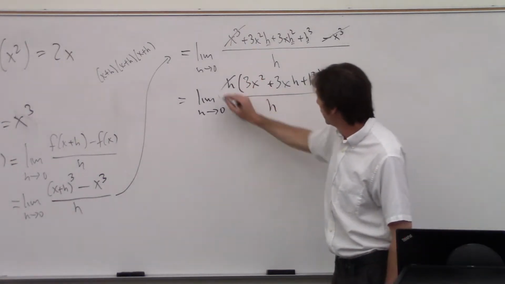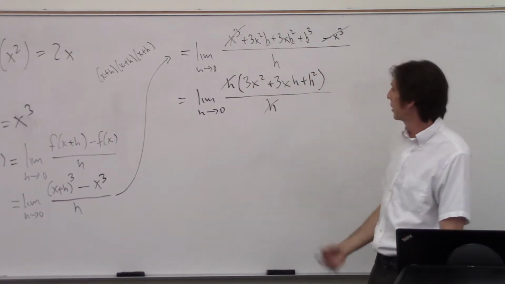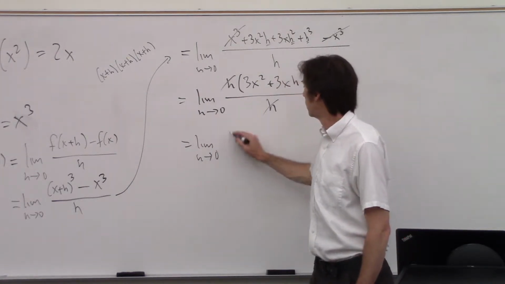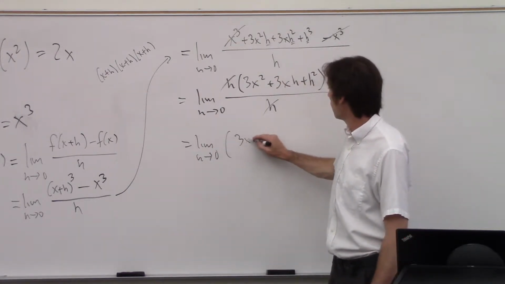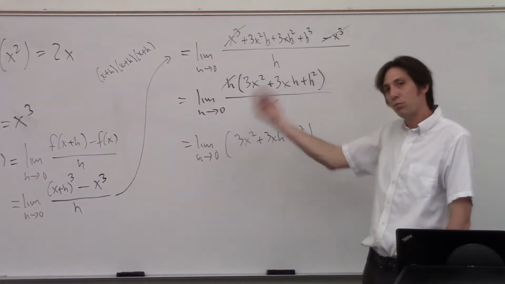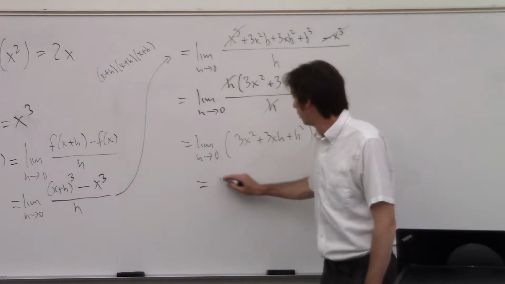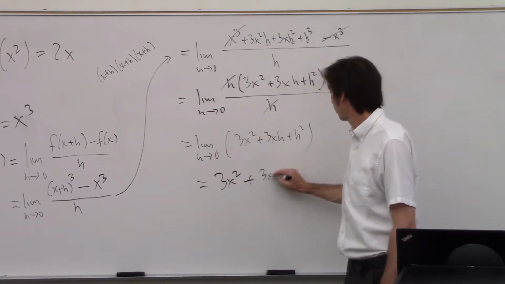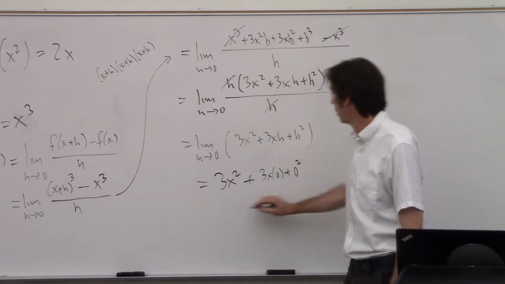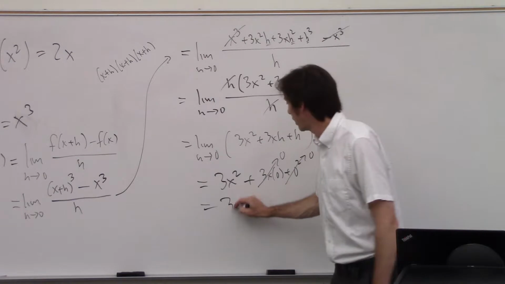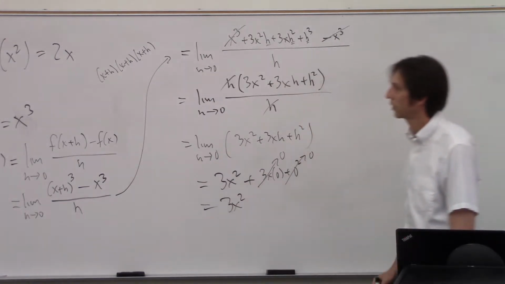Like we're used to, the h in the numerator and the h in the denominator cancel. And so at this point, I'm taking the limit as h goes to 0 of 3x squared plus 3xh plus h squared, and I can just plug in h equals 0. That gives me 3x squared plus 3x times 0 plus 0 squared. The last two terms are just 0, and so my answer is 3x squared.